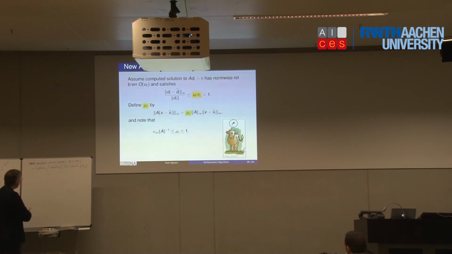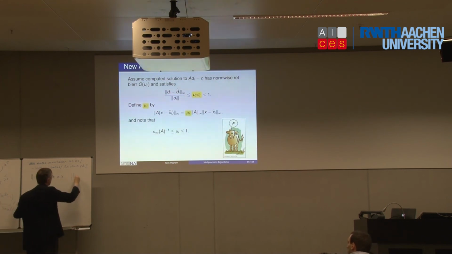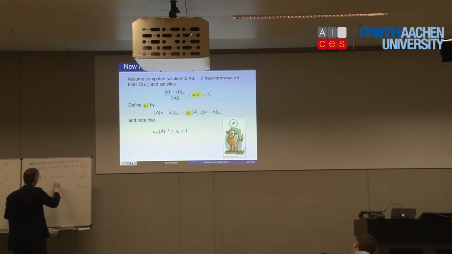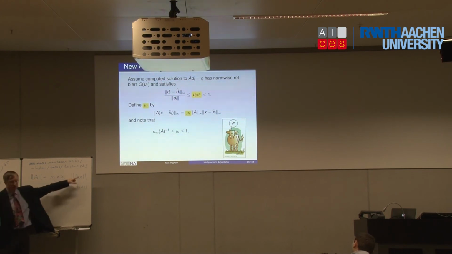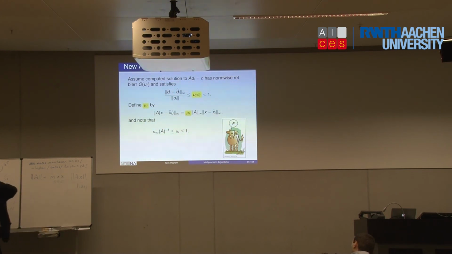So you probably remember that the norm of a matrix is normally defined as follows. Given some vector norm, we define the norm of the matrix as the maximum stretch ratio over all vectors. That's the subordinate norm, as it's often called.